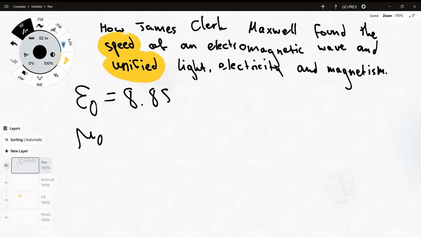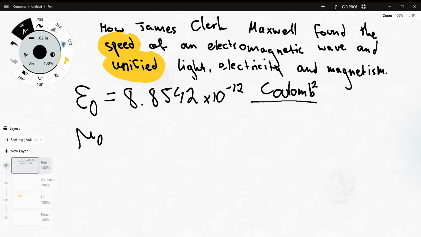8.8542 times 10 to the negative 12, and the units for epsilon are coulomb squared per Newton meters squared.